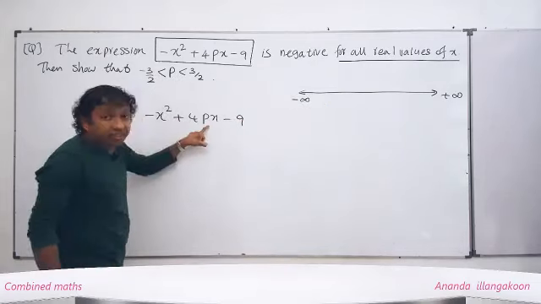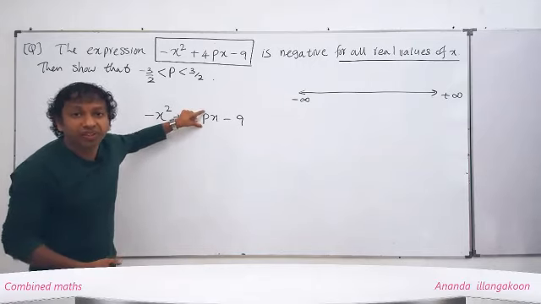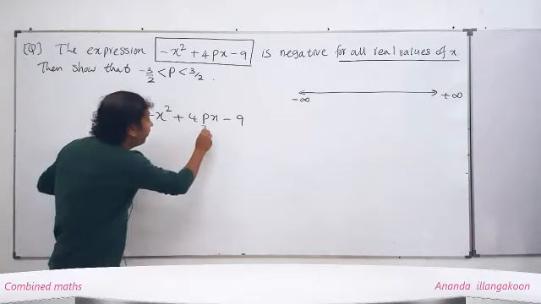Then to get this, people, in order to get a negative value as the final answer, we have to prove this p should lie between plus 3/2 and minus 3/2. Understand?